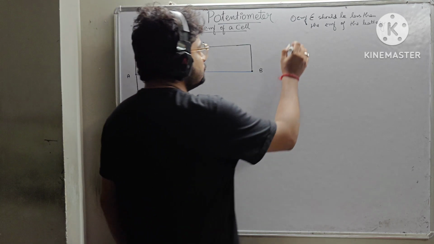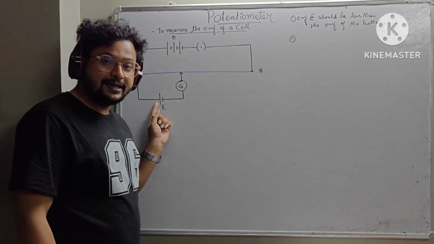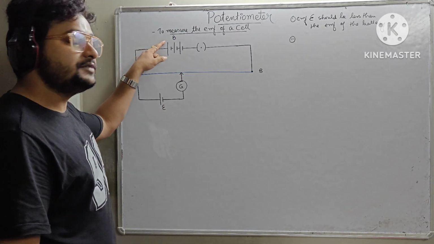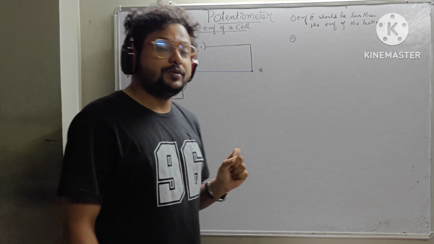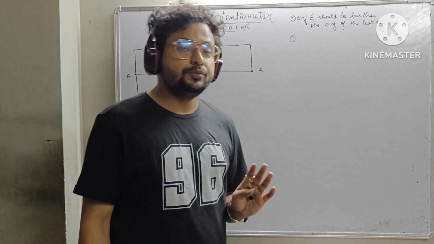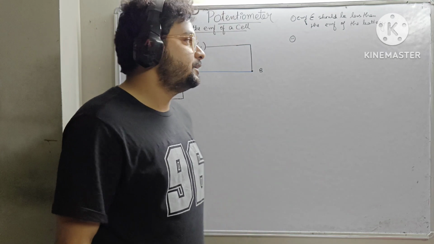Fine. Next, number 2. You see, the positive terminal of this cell, I have connected to the positive terminal of the battery. This thing should be maintained. If you connect the positive with the negative of EMF, then this potentiometer is not going to work. Once I explain this concept to you, you will understand.